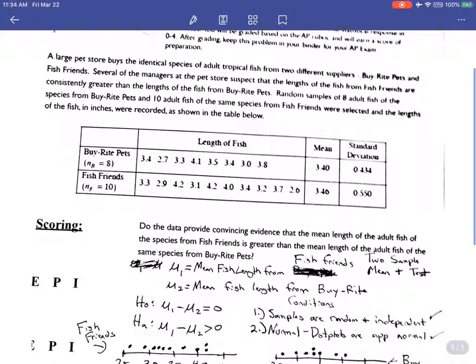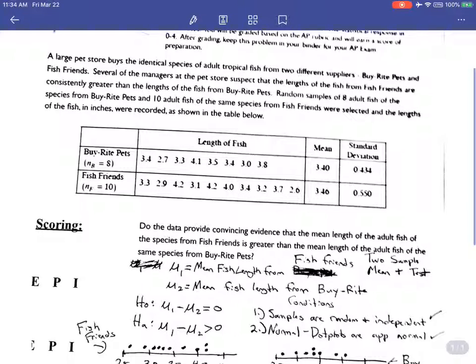So it says, do the data provide convincing evidence that the mean length of the adult fish of the species from Fish Friends is greater than the mean length of the adult fish of the same species? So anytime it's asking us if we have convincing evidence or statistically significant evidence, we want to do a significance test.